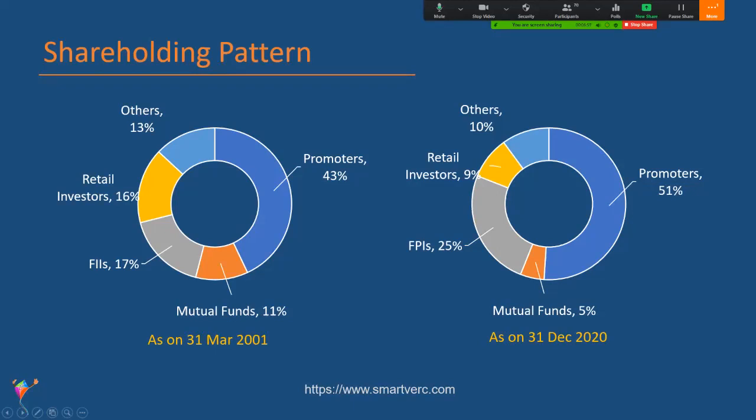Foreign institutional investors, which were holding 17% stake, are now holding 25% stake. Retail investors, who were holding 16%, now has come down to 9%, and others is more or less almost same, 13% and 10%. So this is the change in the shareholding pattern.